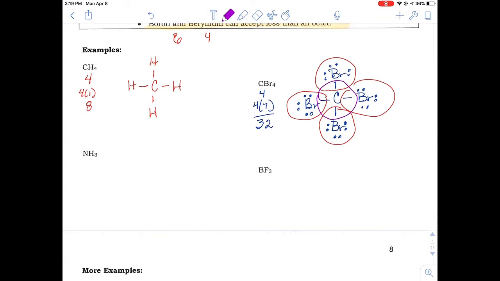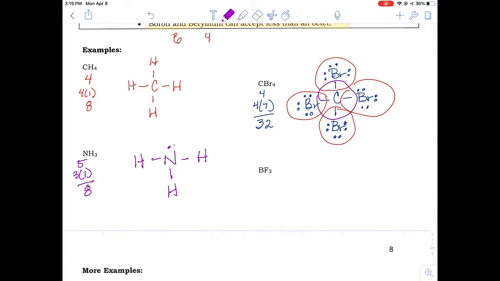The next guy, nitrogen, has 5 electrons in his outer shell. He's in the 5th family. Each hydrogen has 1, so we have a total of 8. Nitrogen's going to be in the middle. Nitrogen is actually more electronegative than hydrogen, but hydrogen can't go in the middle. 2, 4, 6 electrons. We have 2 more that have to go somewhere.